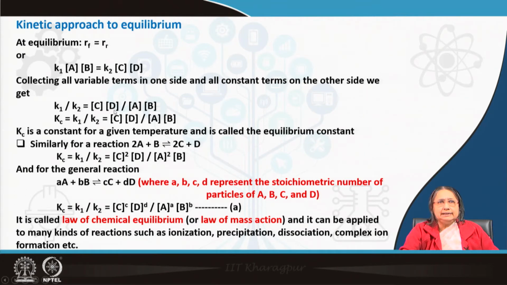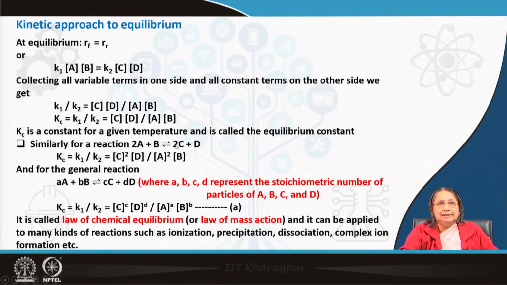This is the most simple case, where all the stoichiometric molar ratios are 1:1:1:1, but almost all reactions are not like that. The molar ratio may not be 1, it may be 2, 3, 4, whatever.